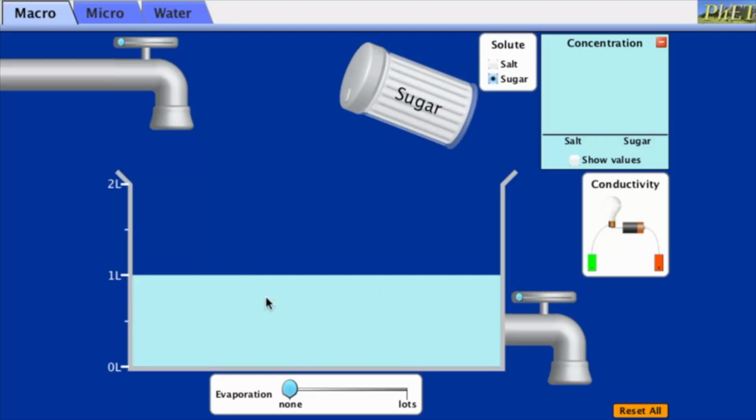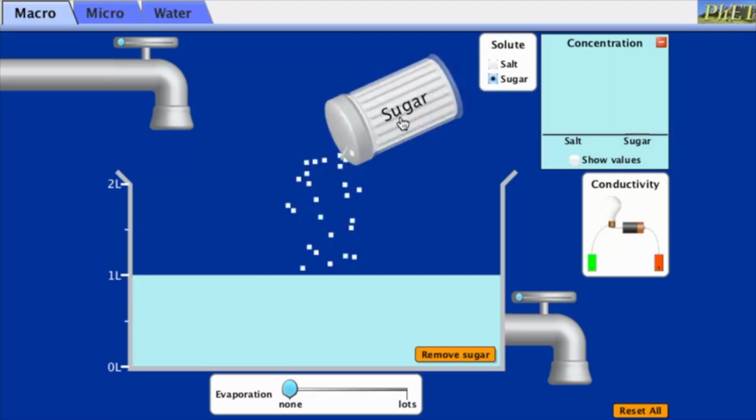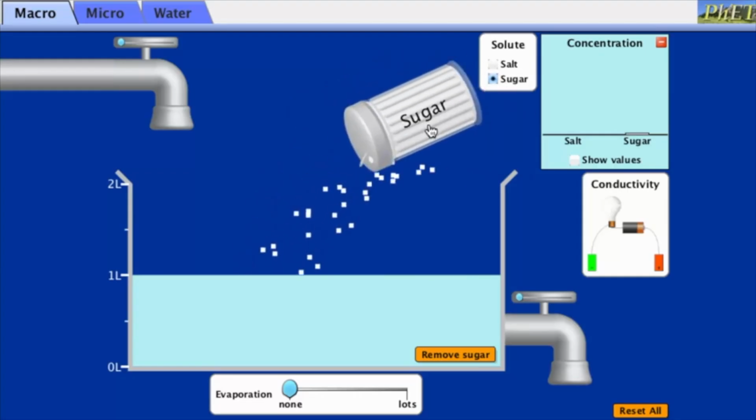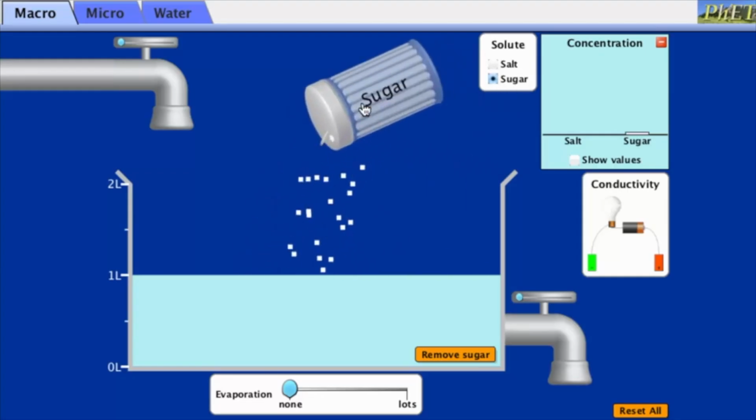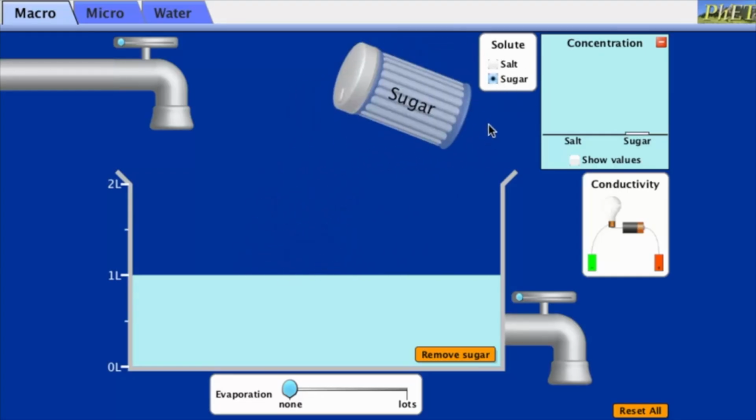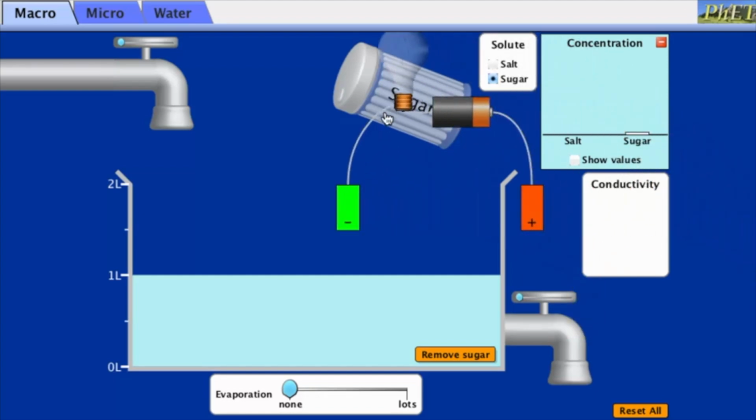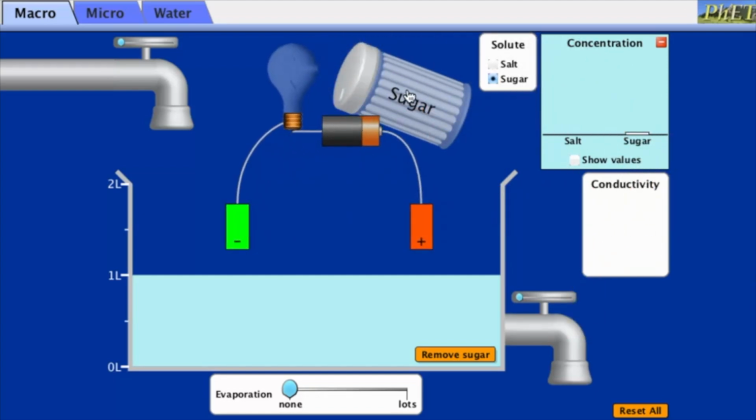So here we have our water, and we will start with sugar. Let us pour some sugar into our water to make a sugar solution. We will now use our electrodes to check to see if the sugar will light the bulb.